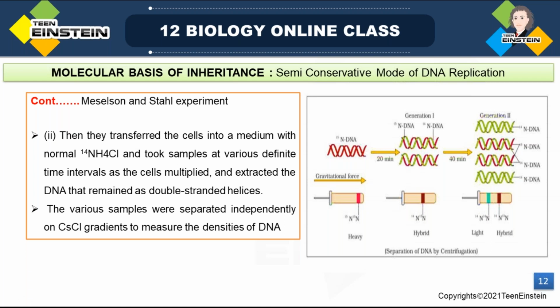They collected samples at various time intervals of cell multiplication, and they extracted the double-stranded DNA from that. Then what did they do?